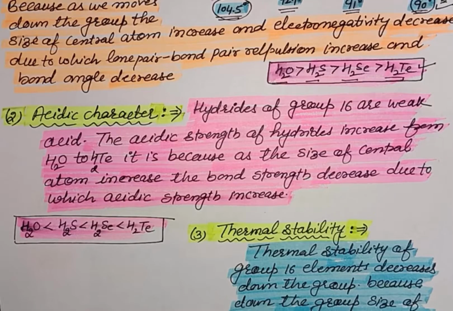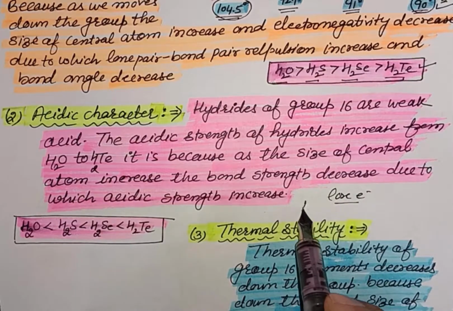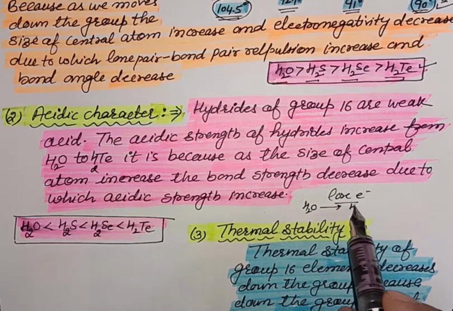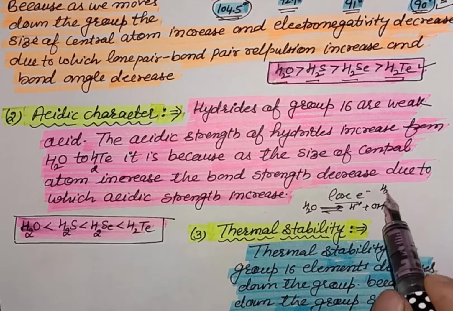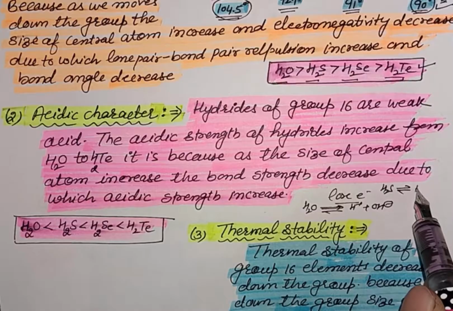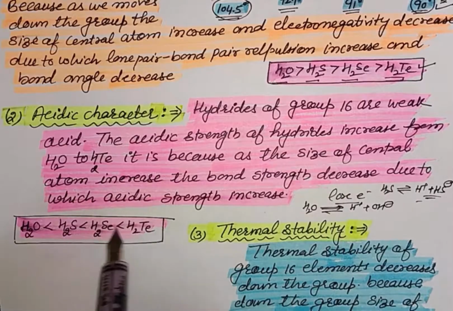Number 2 is the acidic character. Acidic character means the tendency to lose H positive. All the hydrides of group number 16 are weak acids and they release H positive after dissociation of the bond. The acidic character increases as we move down the group.